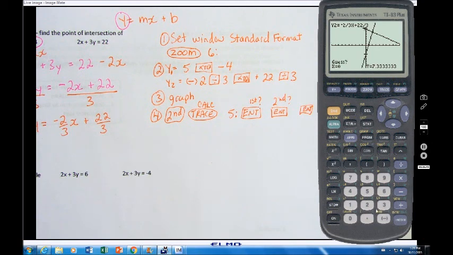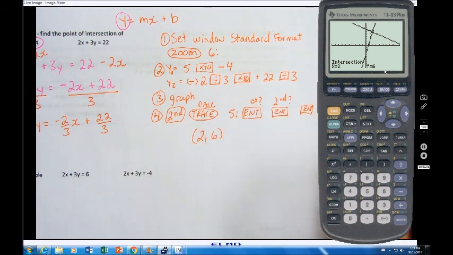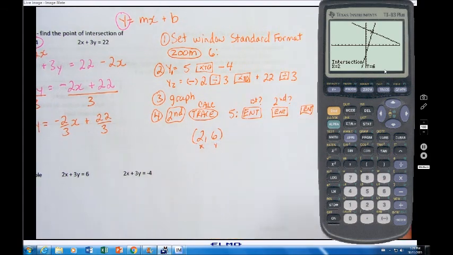And then it asks you to guess. And then it calculates, and the intersection is 2 and 6. We can write it as ordered pairs. This is my x, this is my y. And that's how you can solve using the calculator. You can also put it in the iPad and touch the intersection point.